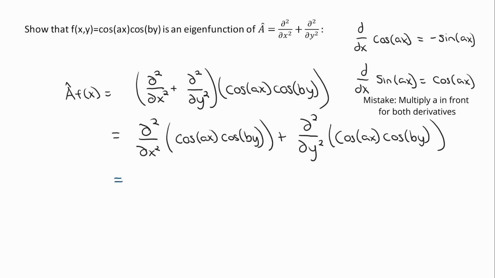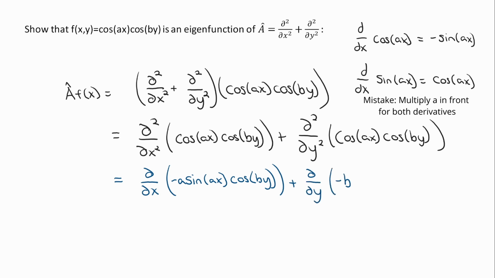So the first derivative with respect to x of cosine of ax, because our cosine of by is going to be constant for the first one, is going to be negative sine of ax cosine of by. And we have to remember our a term is coming out as well, so it's going to be negative a sine of ax. Now we're going to do the same thing for our partial derivative with respect to y, where now we're going to have negative b cosine ax sine of by.